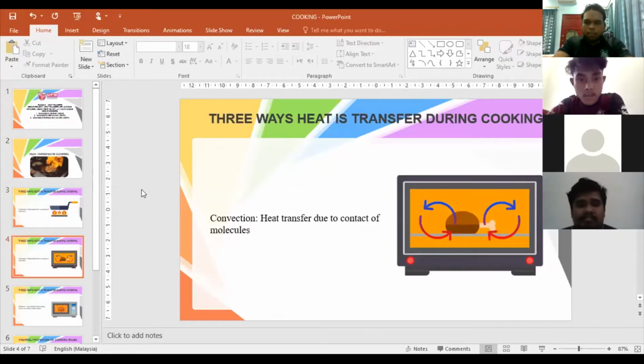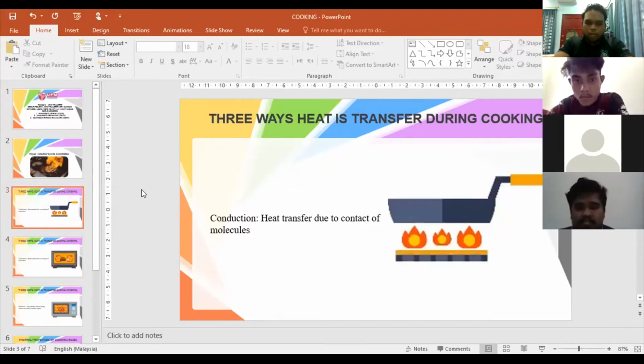I will explain how each of these mechanisms works.